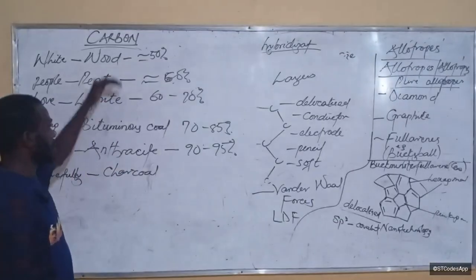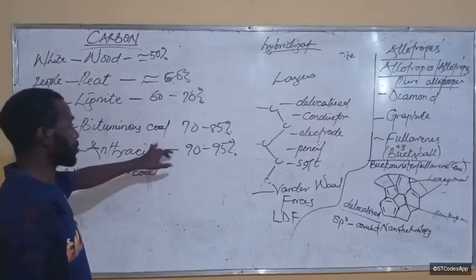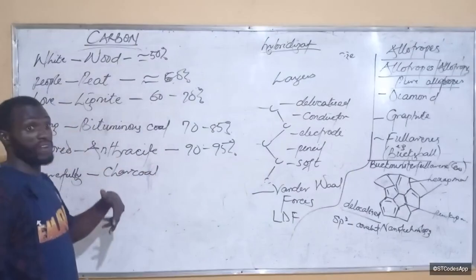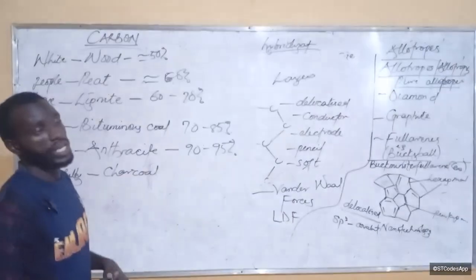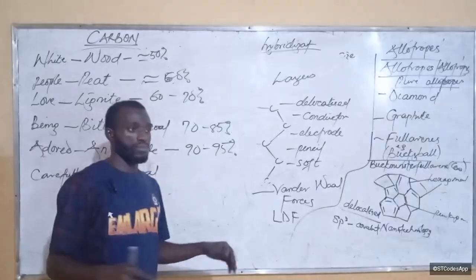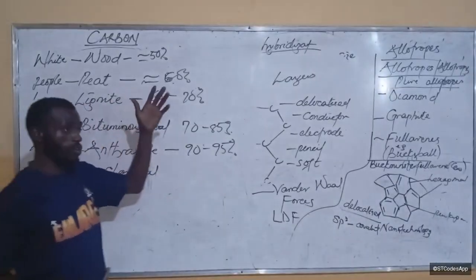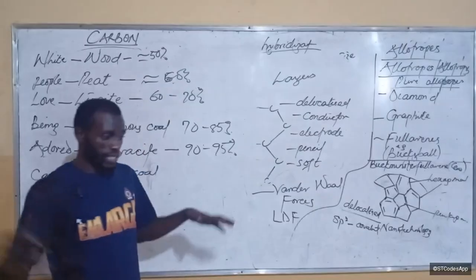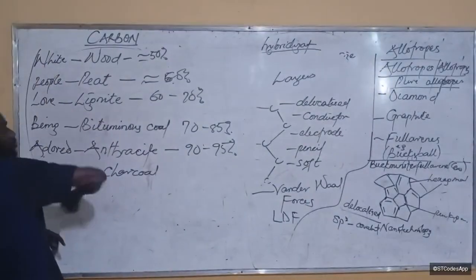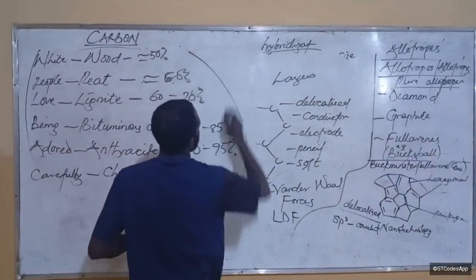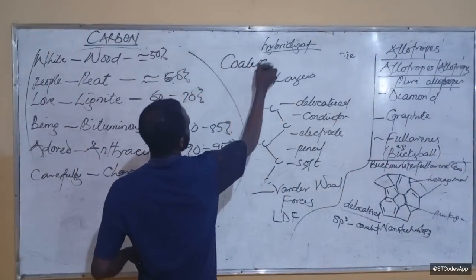So the point is that as you increase the temperature, and over a very long period of time, for example, to form anthracite or bituminous coal, it has to have been compressed or kept under the earth. Now the process of transformation of this is called coalification. Exactly, it's called coalification.